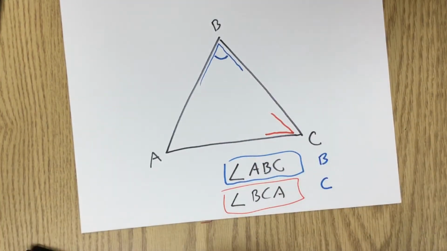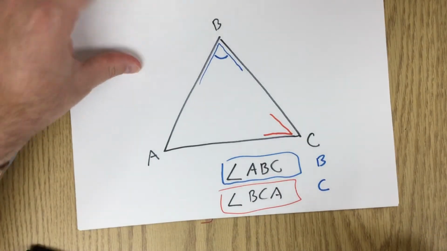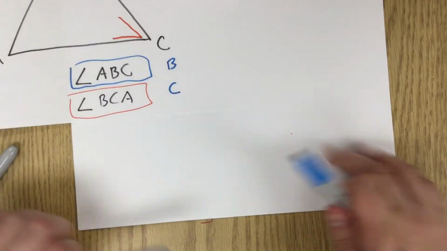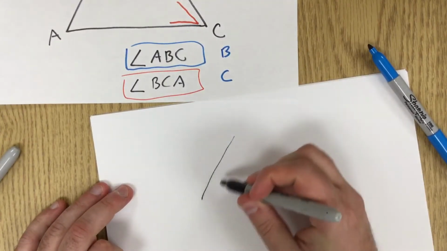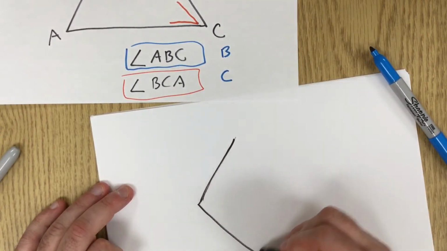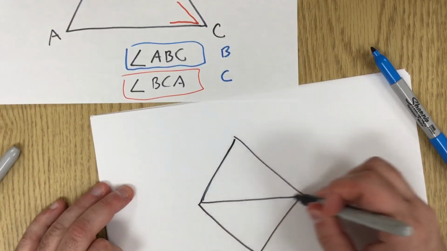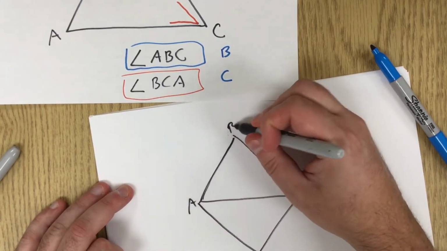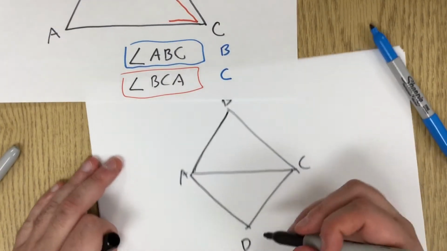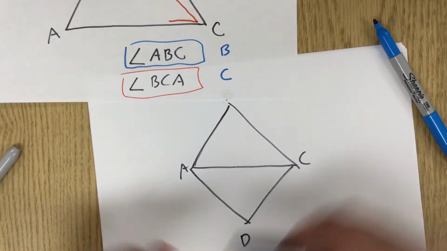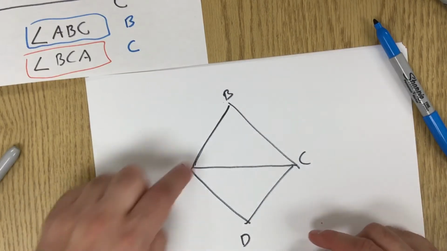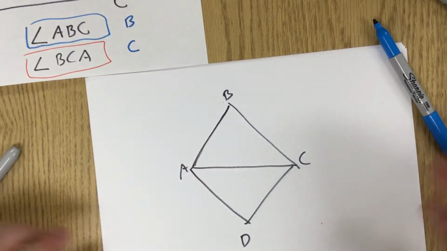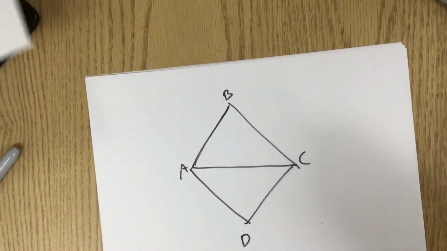It doesn't always work. So an example where it does not work would be if I had a shape like this. So A, B, C, and D. And if I just said angle A, we don't really know what angle A is. Is it this angle or the whole thing? So there might be, for example, 3 angles associated with that.